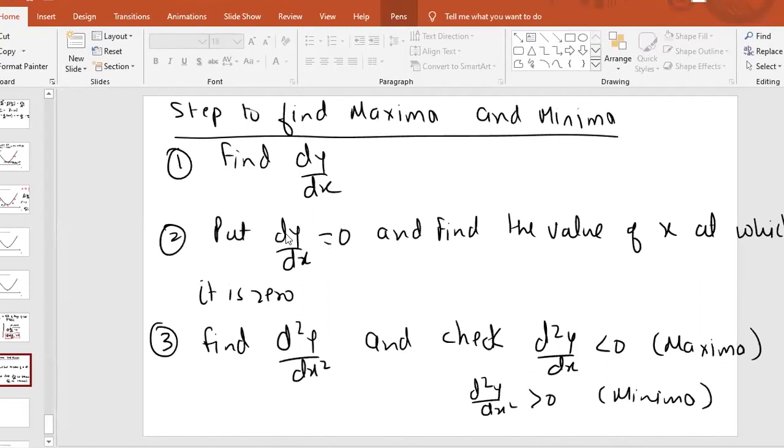When you put dy by dx as 0, you will get the value of x at which it is 0. Then we have to find d square y by dx square and check whether it is less than 0 or greater than 0. If it is less than 0, it is a maxima condition. If it is greater than 0, it is the minima condition.